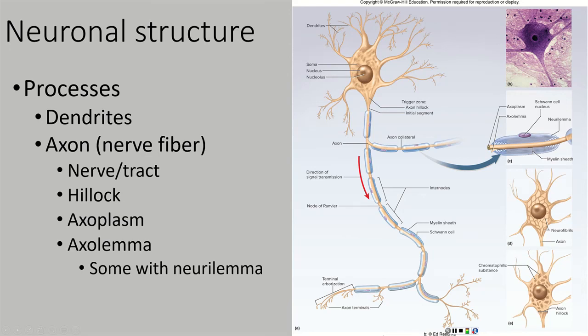Now, before we start talking about the parts of the axon, I want to talk about something that happens as a neuron ages. There are going to be times when organelles get a little old, and as they get a little old, they're going to be broken down.